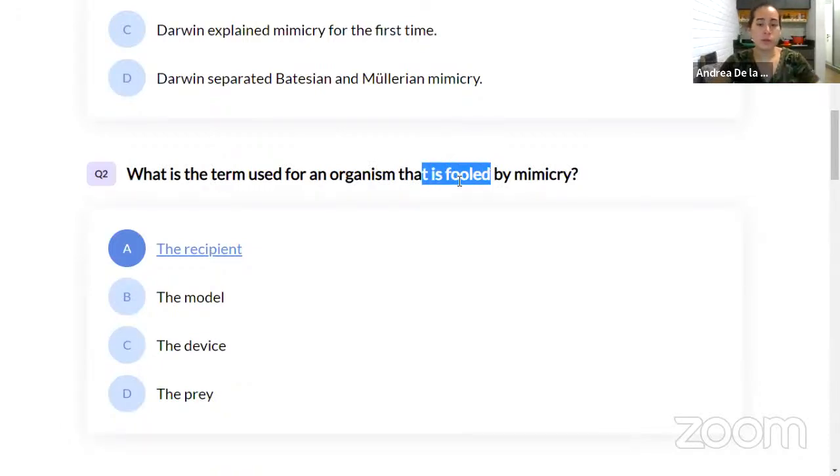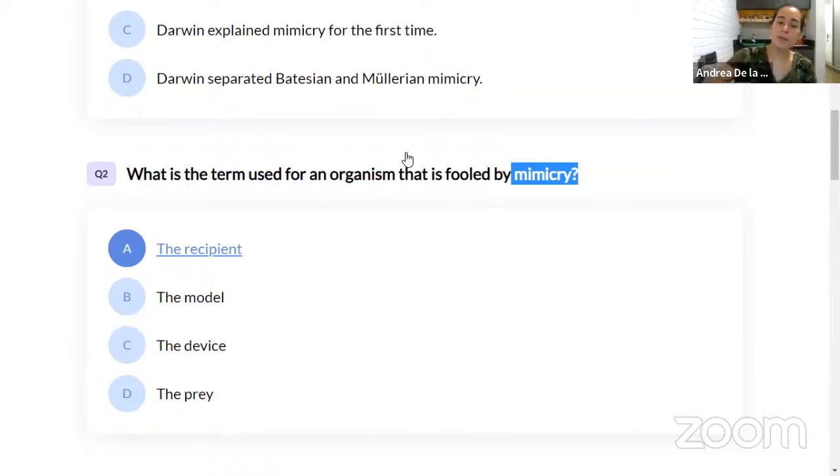The one that is fooled is receiving the mimicry. The one that's doing the mimicry is the mimic, right? The one that's doing it. The one that receives it is the recipient. And well, the mimic is trying to imitate or resemble the model, right? Which could be another animal or part of the environment. Device and prey, I don't think there were options.